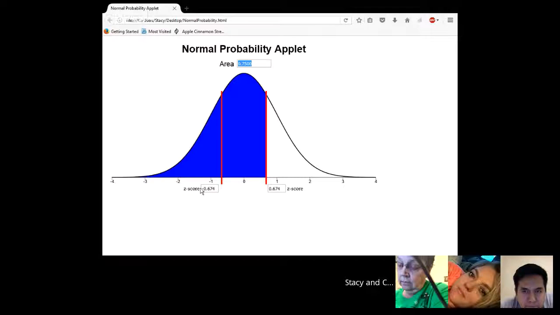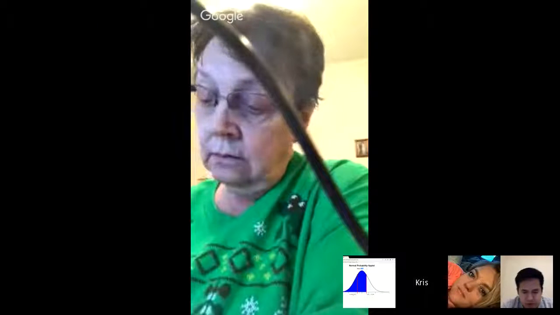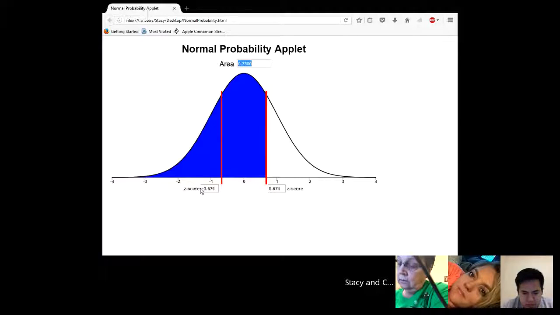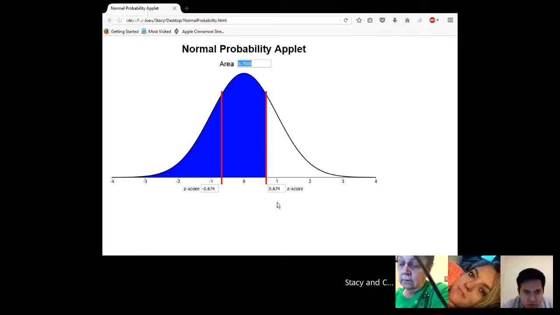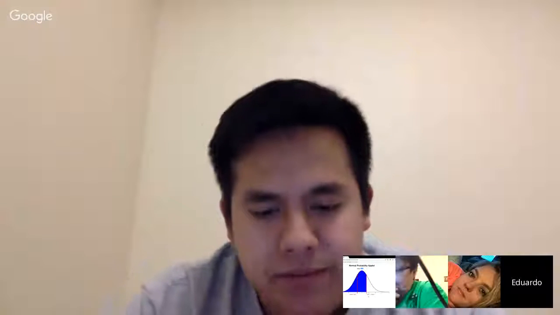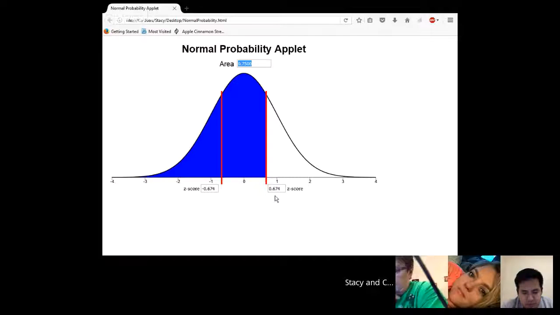So x equals the mean, which is 1800, plus the z-score that we see at the bottom after we put the 75th percentile in, 0.674, times the standard deviation, which is 600. So 0.674 times 600 is 404.4, and add it to 1800.